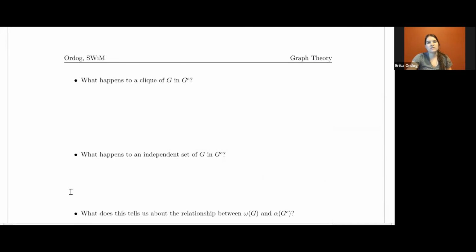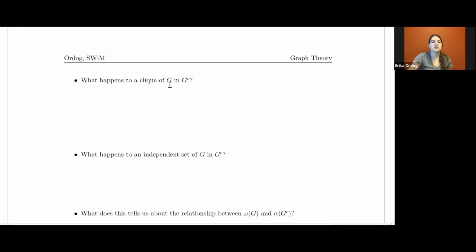So let's think about cliques and independent sets again. What happens to a clique of G in G complement? Pause and think about that. A clique, remember, is a group of vertices where each pair is adjacent. If we're taking the complement, we're going to remove all of those edges.